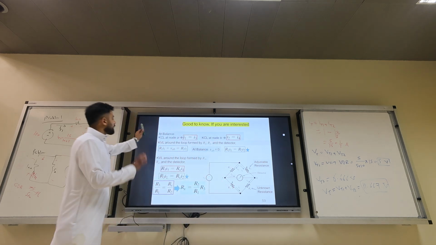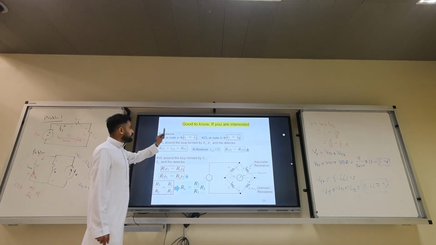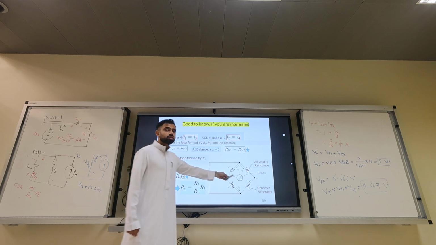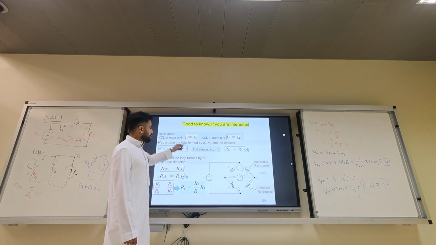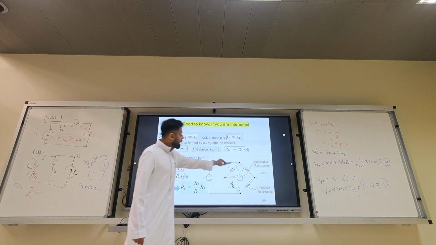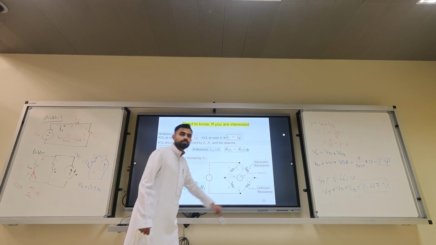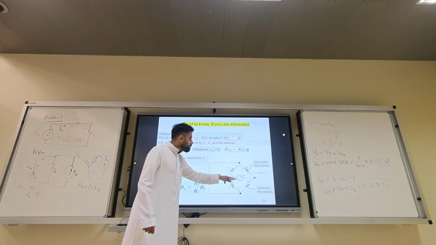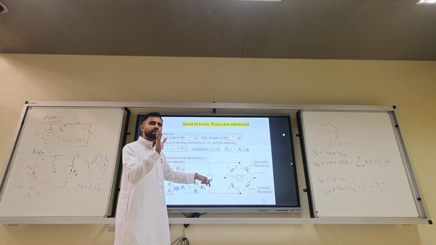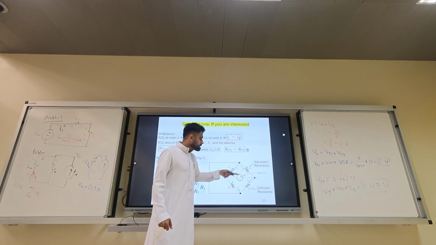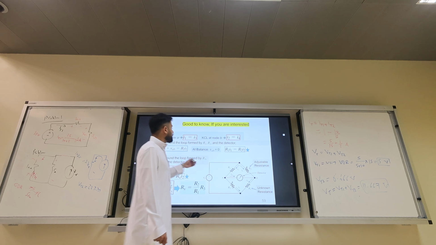Now the derivation starts as follows. At balance, what does balance mean? Ig is 0. KCL at node A indicates I1 equals I3. The whole I1 will go here. The voltage drop across it, we'll figure out later.